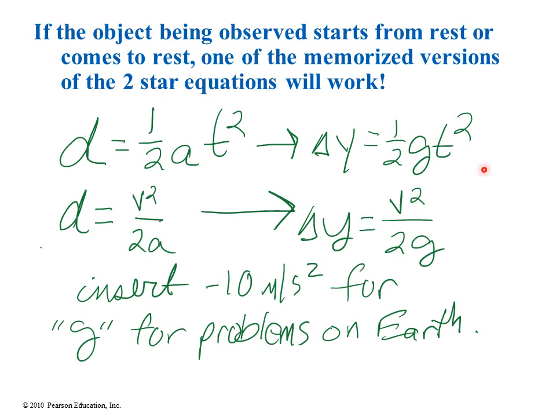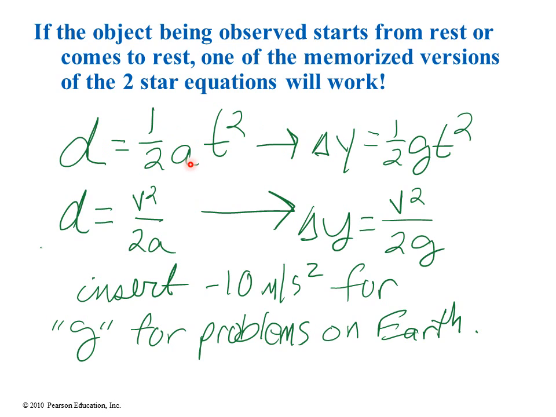So at the beginning of the year, whenever I had you write down information to memorize, these equations here were the two I said would be nice and quick for you if an object starts from rest or comes to rest, because it changes the star equations. Well, two of them, it changes significantly, makes it easy for us to just get to the point of what we're looking for. So the d for displacement, this is a general sign that we could use for delta X or delta Y. So now that we're dealing with vertical problems, we're going to put a delta Y in for displacement.